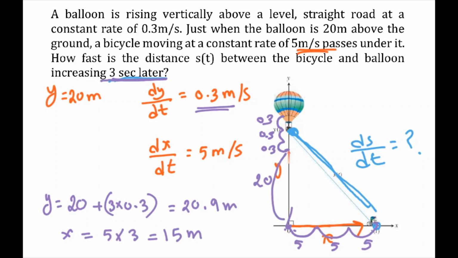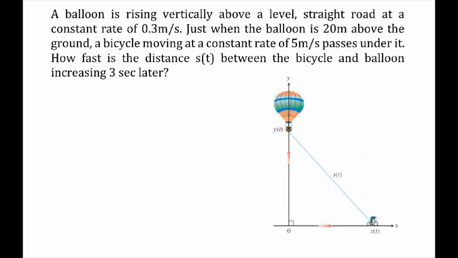Okay. Now, if I know y and x, can I tell what is s? Yes, there's a relationship, which is by using the Pythagorean theorem. So let's move here and do this. S equal a square root of y squared plus x squared. Now, which is equal a square root.